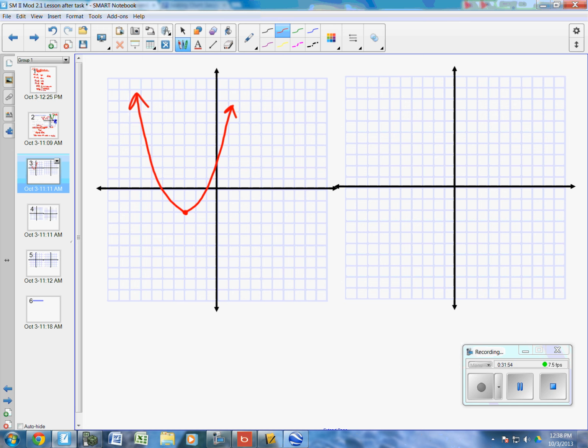One more time: A is the vertex. B is the equation of the axis of symmetry. C is the x-intercepts. And if a was 1 on this, what would be the vertex form of this equation? D is the vertex form of this equation.